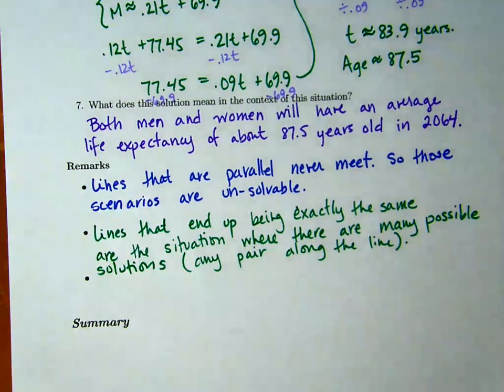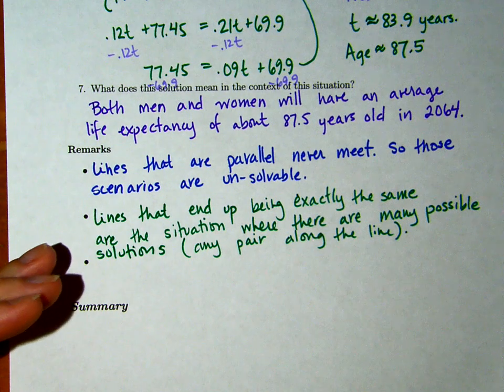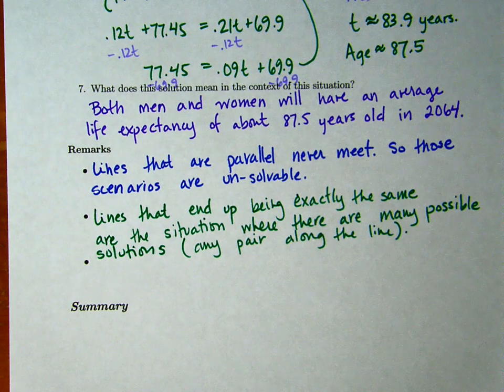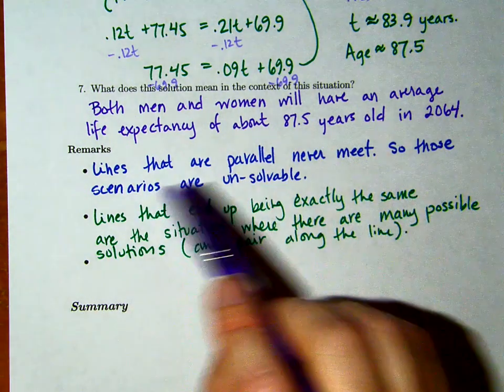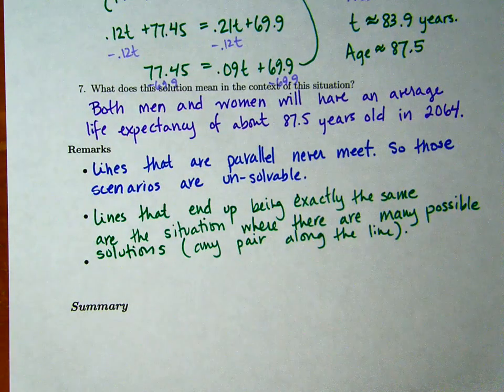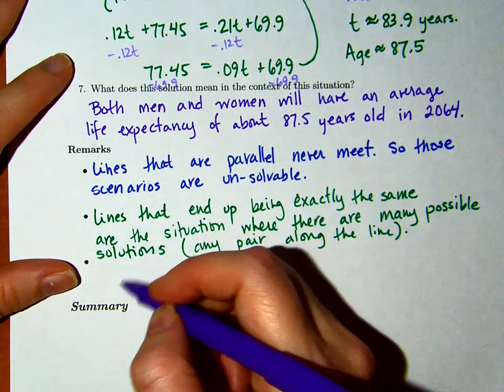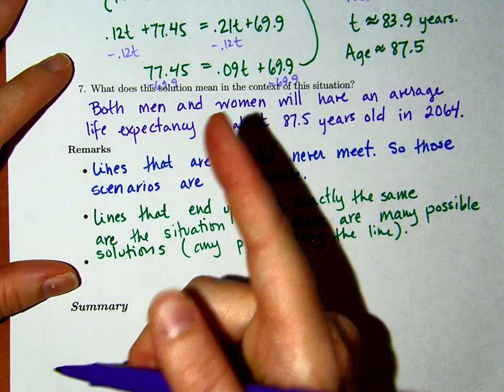Okay, so there are situations where you can have infinitely many solutions, but not just whatever you want it to be. They have to be a pair along the line. But then there are definitely problems out there where there's no solution whatsoever. They're not solvable. And then, lastly, of course, there are two lines that can intersect at exactly one spot.